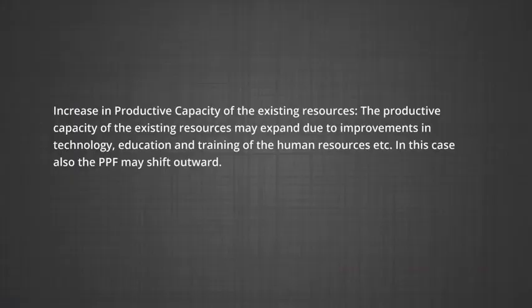For example, more people have joined the labor market, or more land becomes available for cultivation, and the PPF shifts outward. Increases in productive capacity of existing resources: the productive capacity of existing resources may expand due to improvements in technology, education, training of the human resources, etc. In this case also, the PPF may shift outwards.